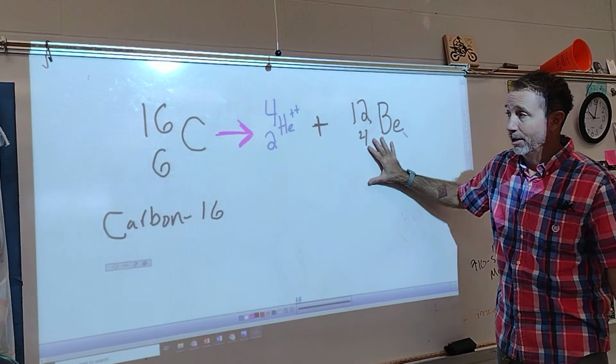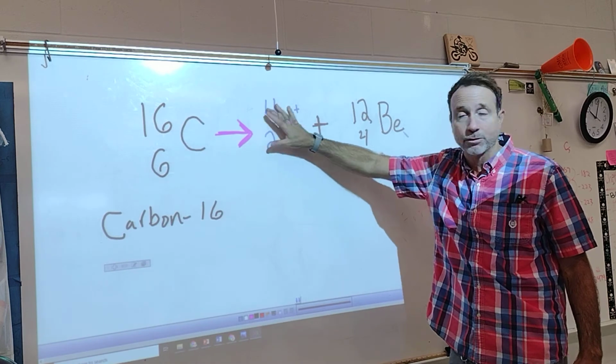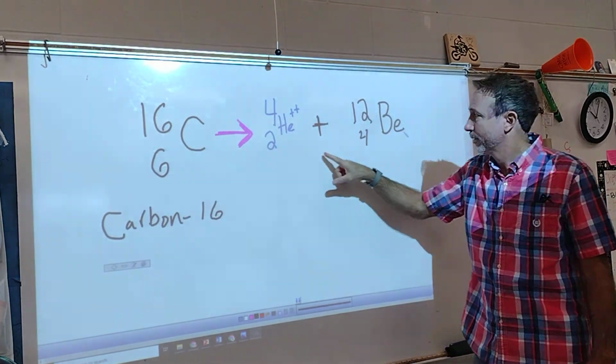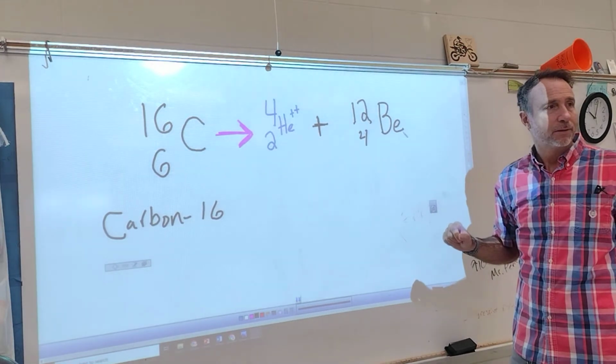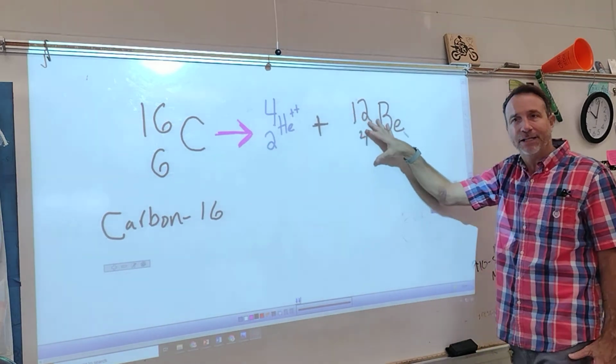This is pretty simple, y'all. 16 minus 4, because it loses the alpha particle, is 12. And 6 minus 2 is 4. This looks way more technical than it is.